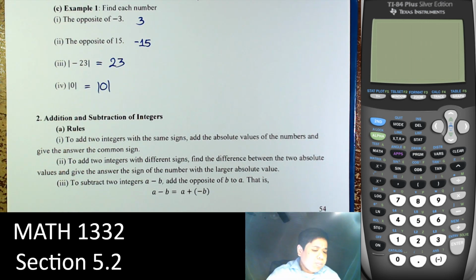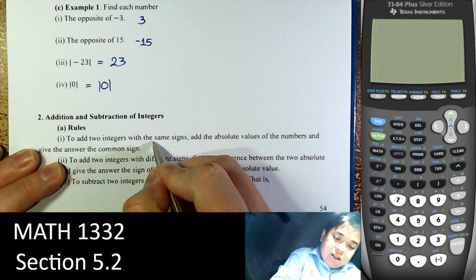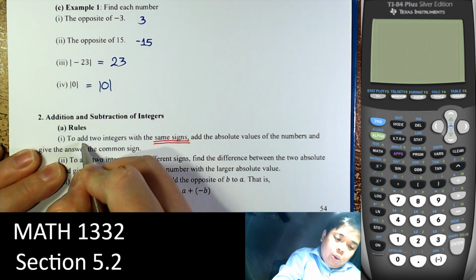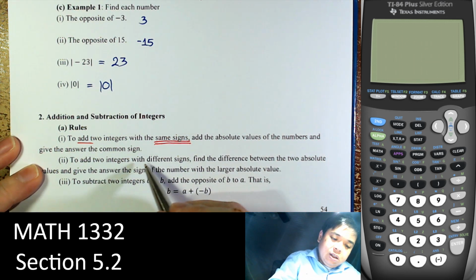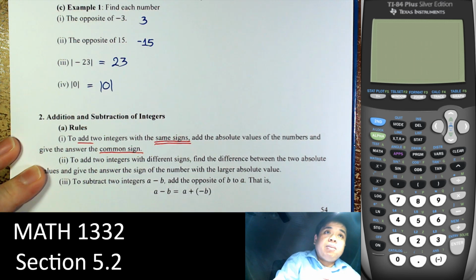Right. Now we learn some rules of operation with integers. Of course, this applies for all real numbers as well. First, add or subtract. The rule says we add when they have the same sign, and use the common sign.